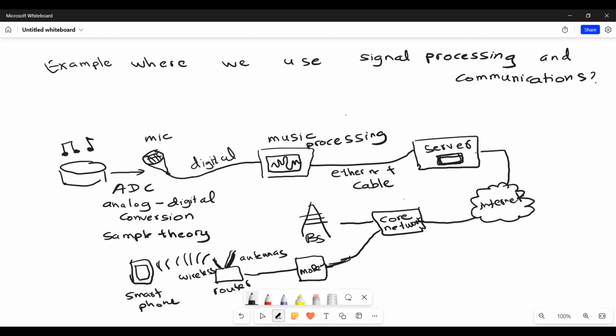It will filter the signal, sample the signal, and reduce the noise. We'll do some noise cancellation, and by doing all that, it will receive a certain quality signal at the end device, at the smartphone level.